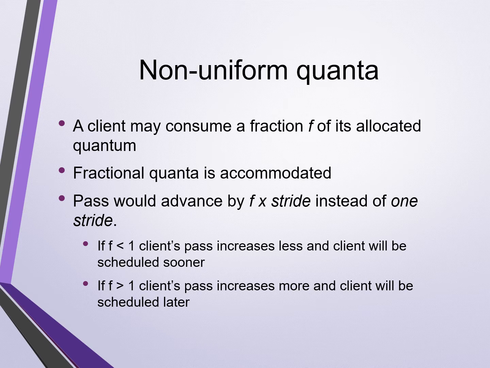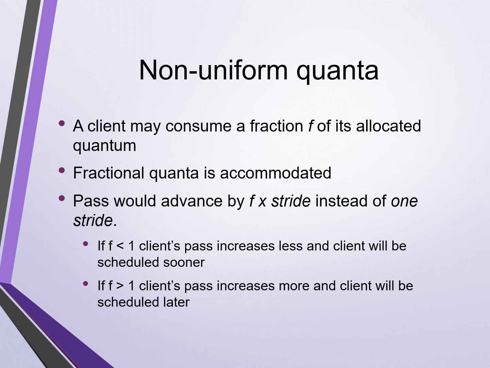In the basic algorithm, a client might not use its entire allocated quantum and would therefore receive less than its entitled share of the CPU. In this case, stride scheduling accommodates this by using fractional quanta. When a client uses a fraction f of its allocated time quantum, its pass will be advanced by f times stride instead of its whole stride.